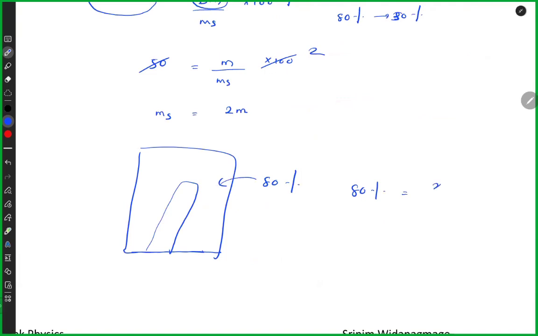I take the mass available as X. The mass needed to saturate is equal to 2m, which is what we found out. Multiplying by 100%, you get X equals 8m over 5. Is that clear, everybody?